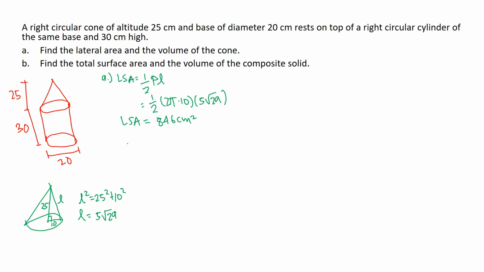Okay, sige. How about the volume? Mao ni 1/3 base times height. Ang area sa base, makuha man, kay kabalo man ka sa radius. How about your height? Ang height is already given by the problem. So, 1/3. Area sa base pila man? Pi r squared lang.